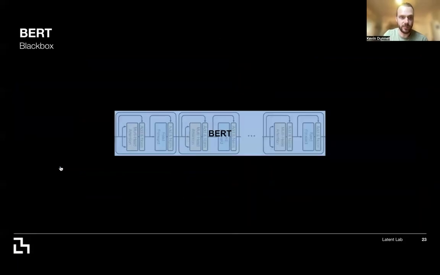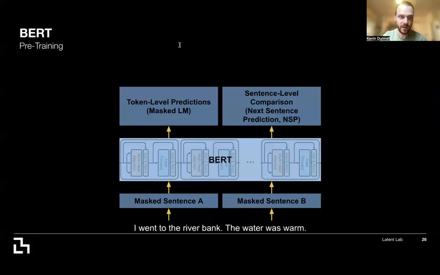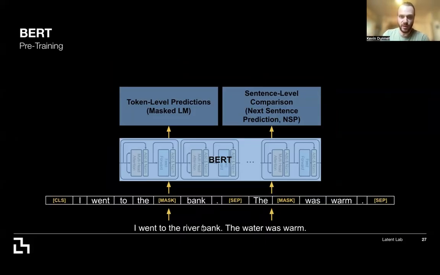I'm going to step through a bit more of this pre-training stage, because this is ultimately where our sentence embeddings are coming from. Again, if we take this first example, "I went to the riverbank," and then the second sentence, "the water was warm," these would be our two sentences passed in. Again, we're going to prepend a classification token.